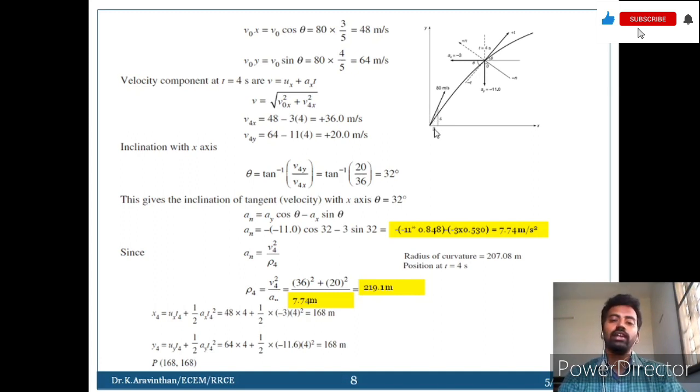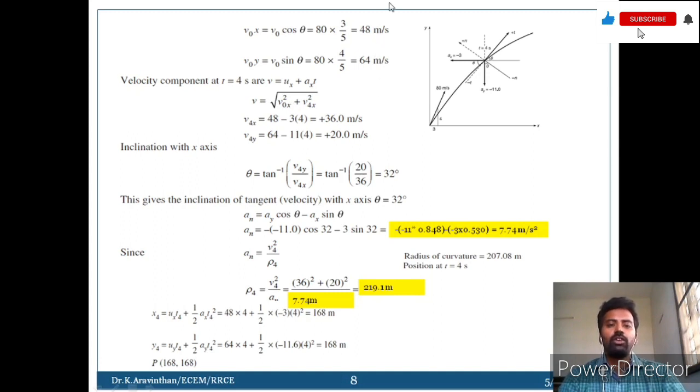So 3 by 5, after multiplying this you will be getting 48 meter per second as the x component of initial velocity. And the y component of initial velocity, you can resolve by using sin theta, that is opposite side by hypotenuse, so opposite is 4 by 5. So the vertical component is identified, that is 64 meter per second.